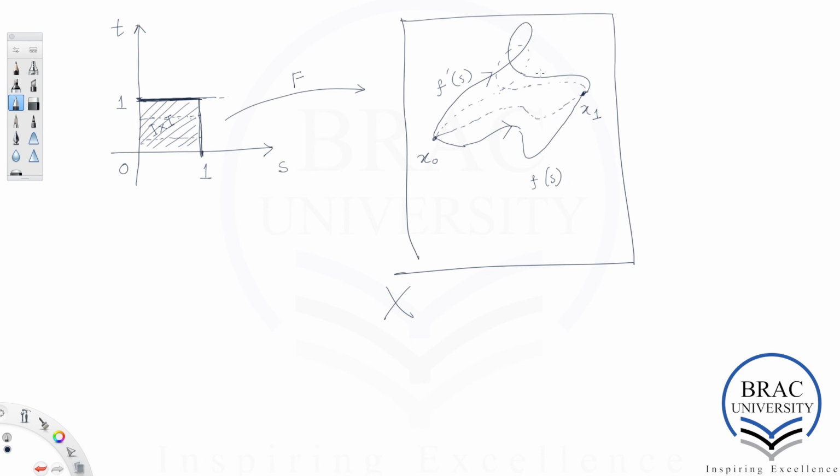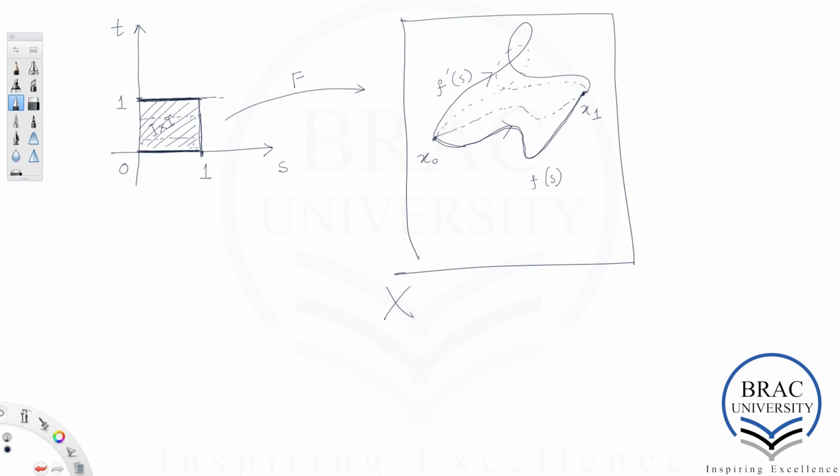Okay, and this edge corresponding to a fixed t corresponds to this path in the topological space big X. Okay, all right.